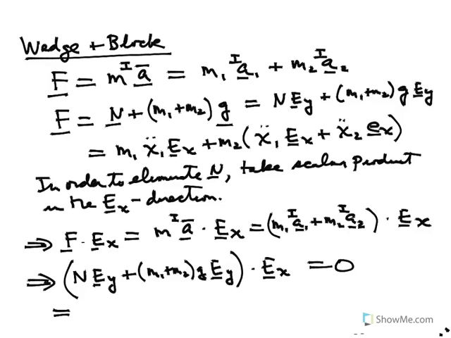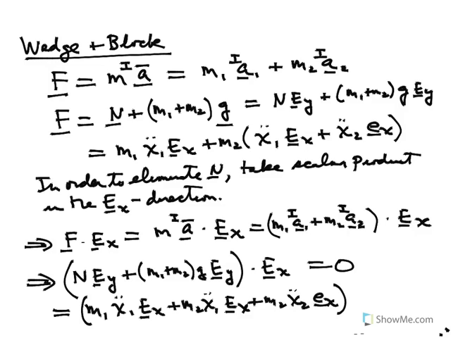And that has to equal M1 times x1 double dot EX plus M2 x1 double dot EX plus M2 x2 double dot little ex dotted with big EX.